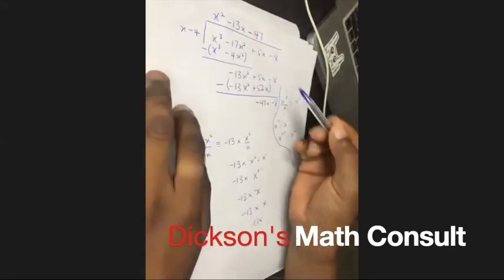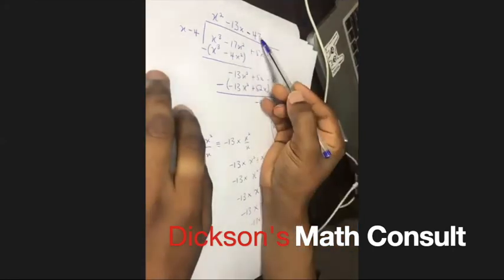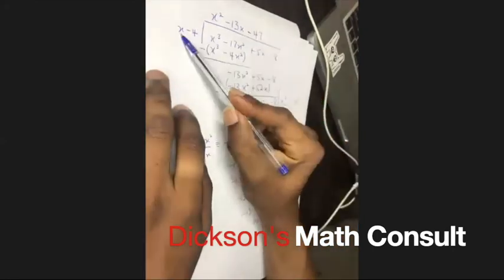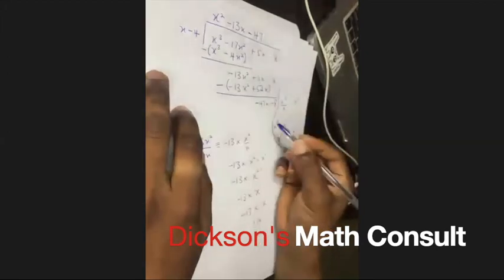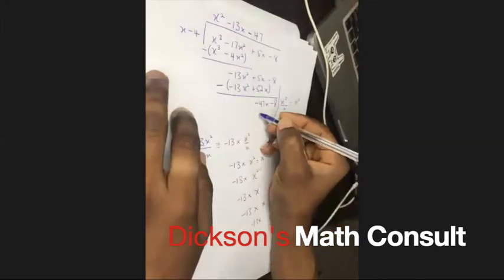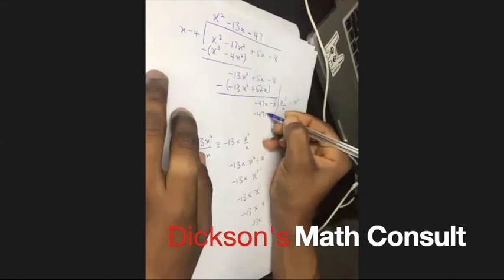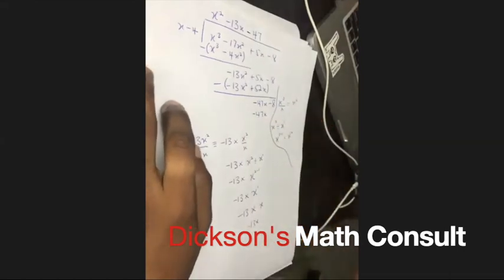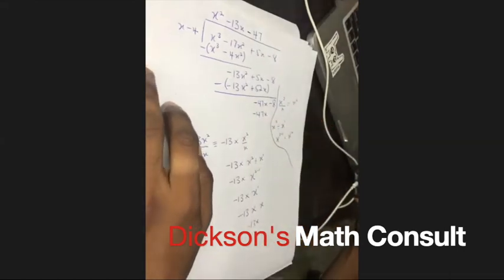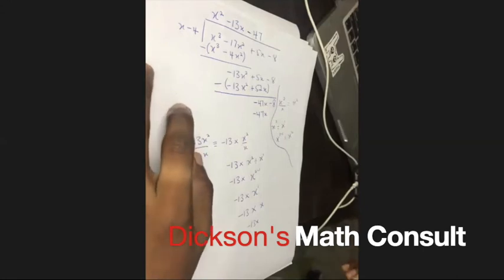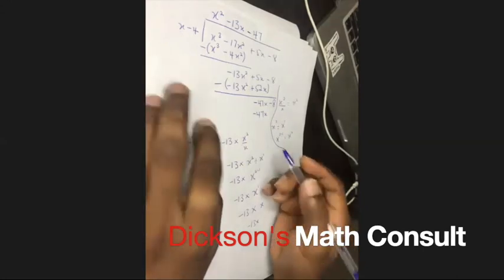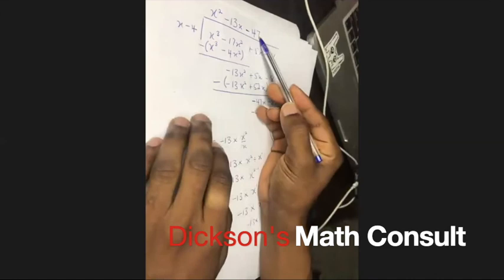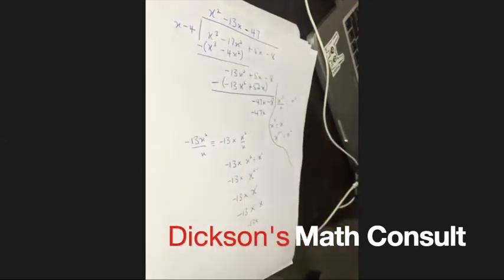So I have negative 47 times x, so I have negative 47x. And then I have negative 47 times negative 4. What do I have? 188.